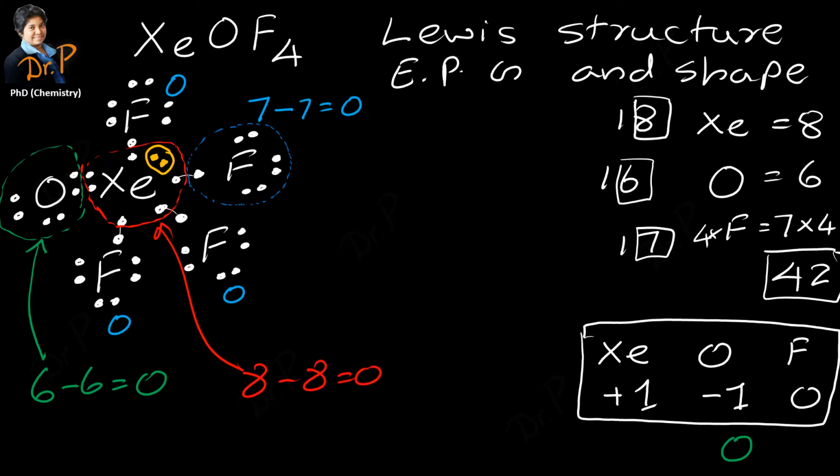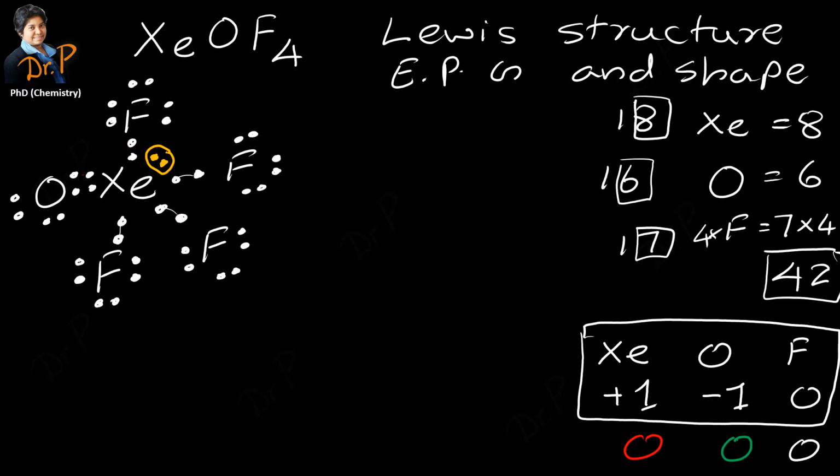So now xenon is also 0, and you can see we didn't do anything to the fluorine atom. Fluorine is still 0. So the new structure we have drawn is the best Lewis structure for this given formula.